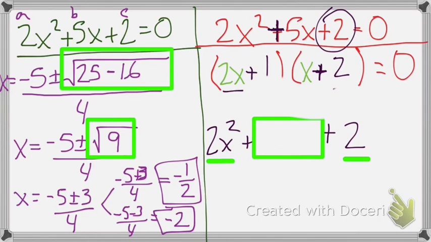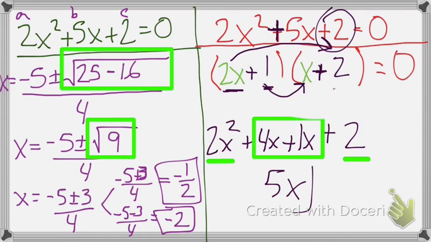So here, if we do this 2x and multiply it by that 2, that's going to give me 4 x's. And then if I take this 1 and multiply it by that x, that's going to give me another 1x. And then if we put those things together, the 4x plus 1x, that's going to give us 5x, which happens to be in the middle.